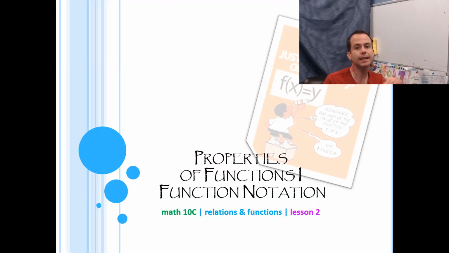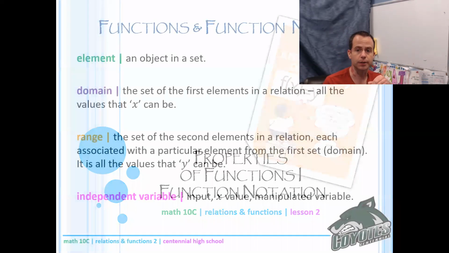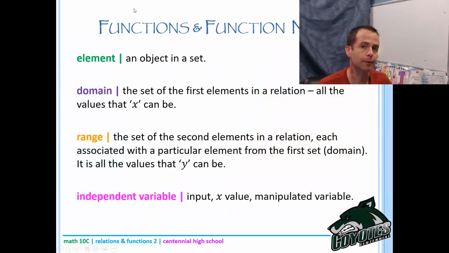But in order to get there, we need to talk about what a function is first, and that's the first thing I want to talk about. So let's get at it. An element we've already talked about in yesterday's lesson. An element is an object within a set, and remember that a set is just a group of elements, okay? The domain refers to the set of the first elements in the relation.